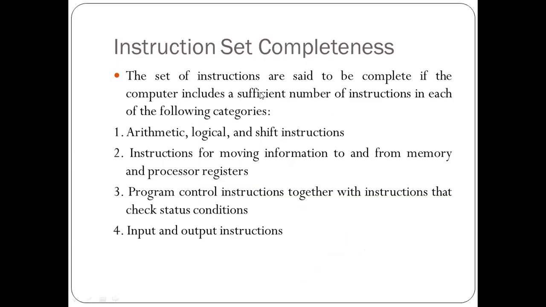See, a set of instructions is said to be complete if the computer includes a sufficient number of instructions in each of the following categories. Only then is the given instruction set said to be complete. Mainly, the first category is arithmetic, logical, and shift operations, because the ALU is the basic heart of the system which performs the operations.